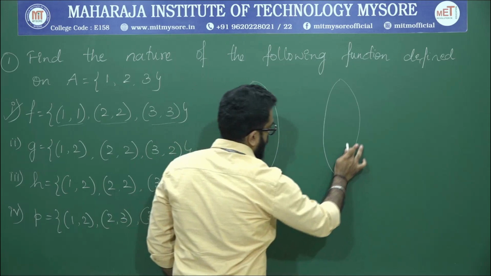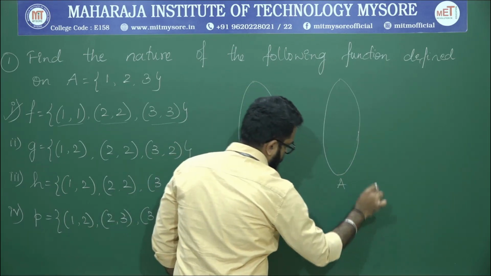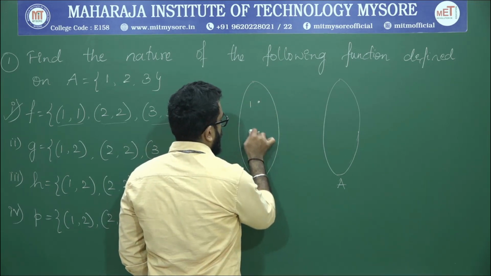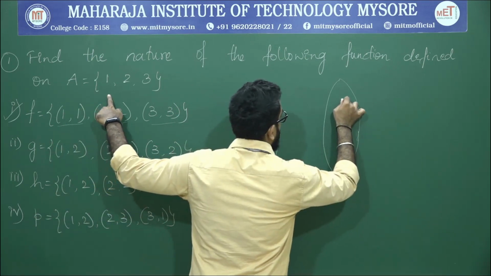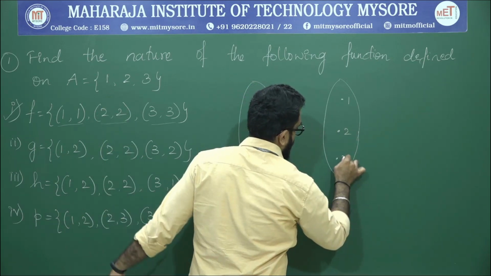This function f is defined on the set A to A itself. I have the elements 1, 2 and 3 of the set A. Similarly, in the codomain I have the same elements.